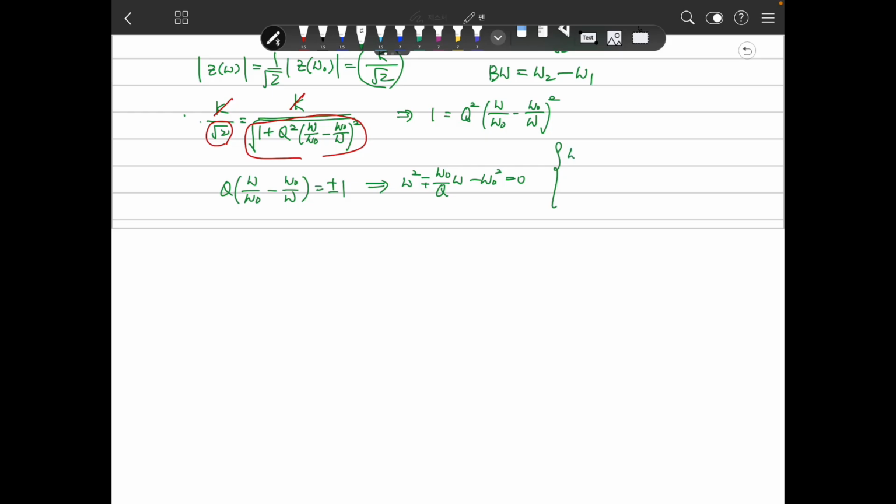So we have the solution: omega 1 will be minus omega 0 over 2Q plus the square root, and omega 2 will be plus omega 0 over 2Q plus the square root.